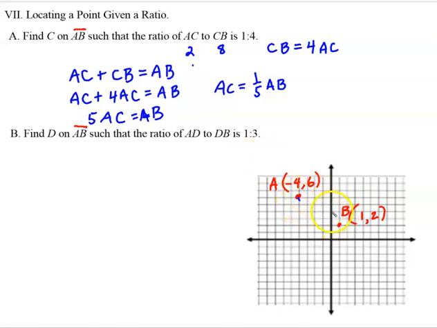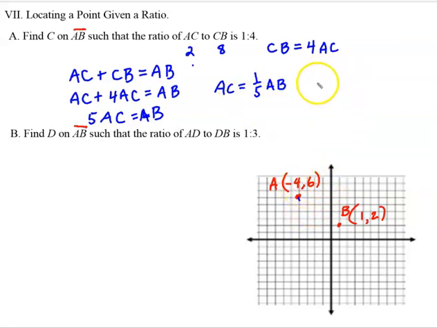We find the absolute value of the x coordinates, we find the absolute value of the y coordinates, and then we'll multiply by 1/5, and that'll give us some guidance on where this point C is going to be located. Okay, so first let's find out what the distance is.